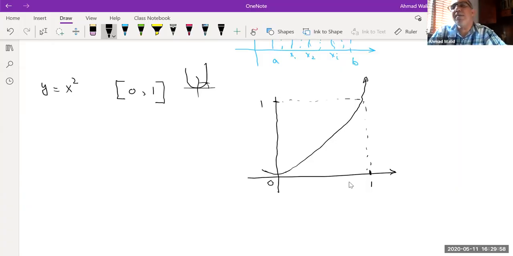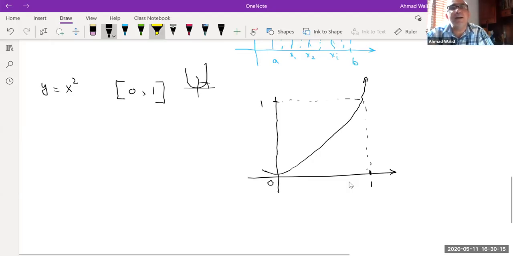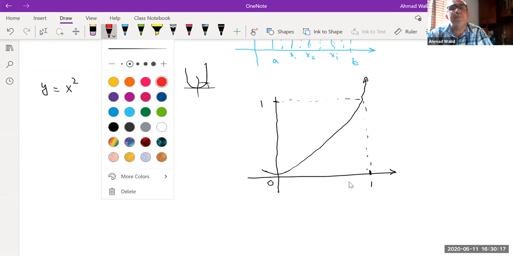By using maybe 4 rectangles, they will give you how many rectangles to use, correct? By using 4 rectangles, I will divide this distance into 4 equal pieces. That's my first job to do. Let's divide. Here, 1/2.